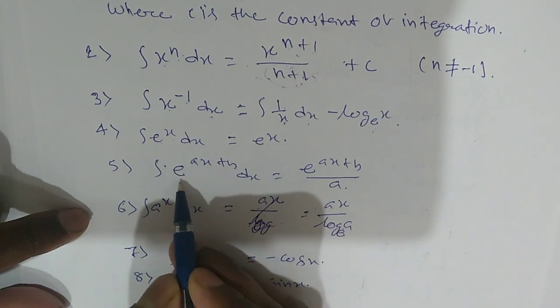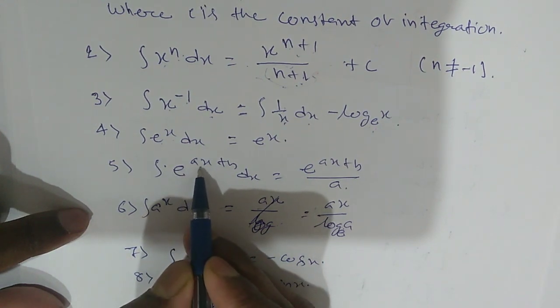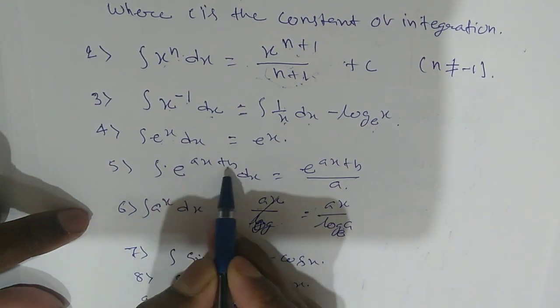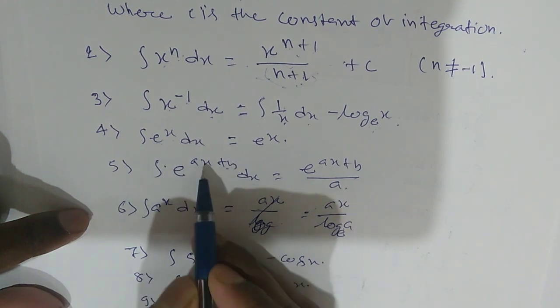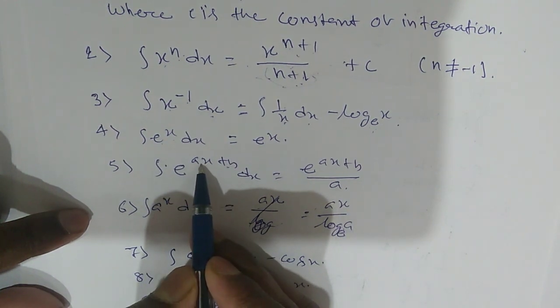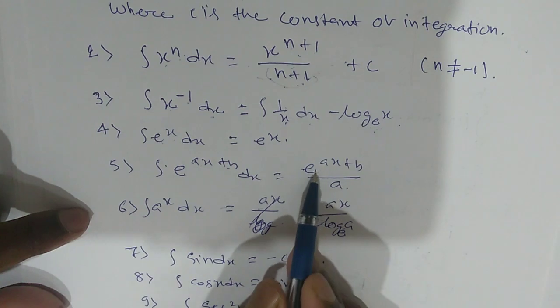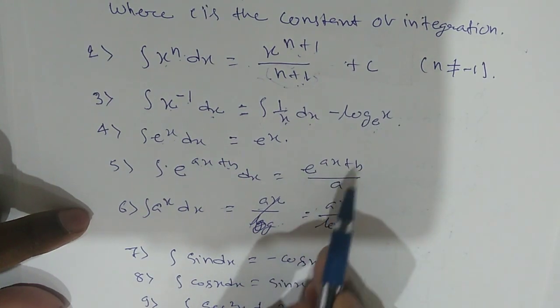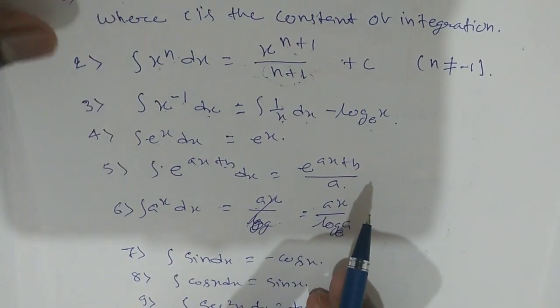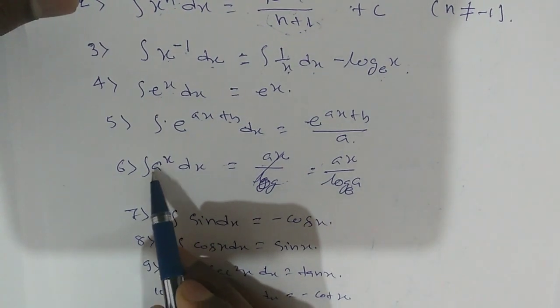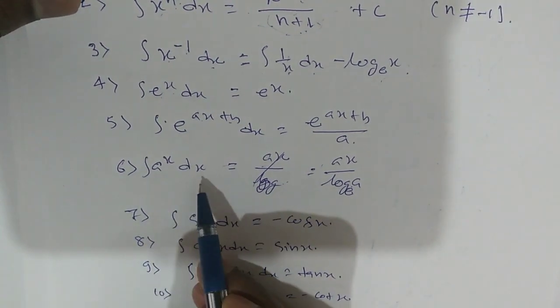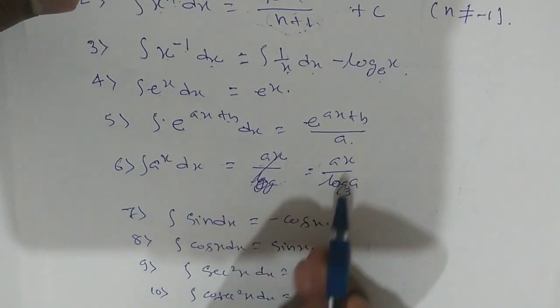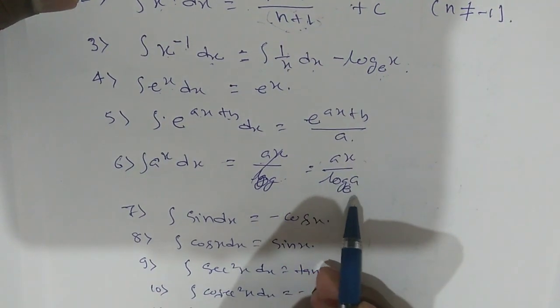Another one is integration of e raised to the power ax plus b. Here a is a varying constant, so the answer is e raised to the power ax plus b upon a. Another one is integration of a raised to x dx. The answer is a raised to x upon log a to the base e.